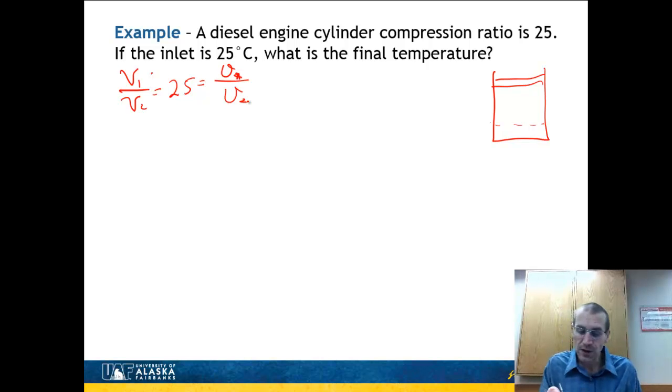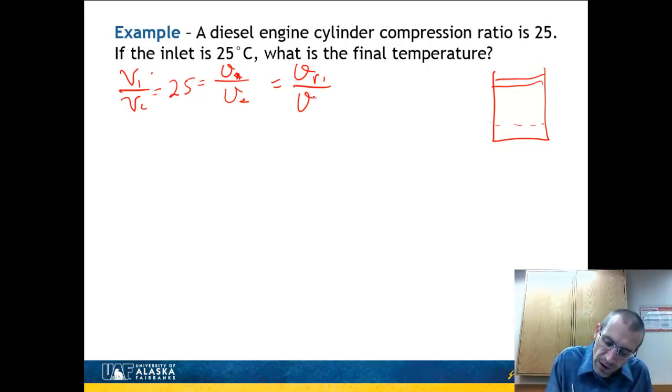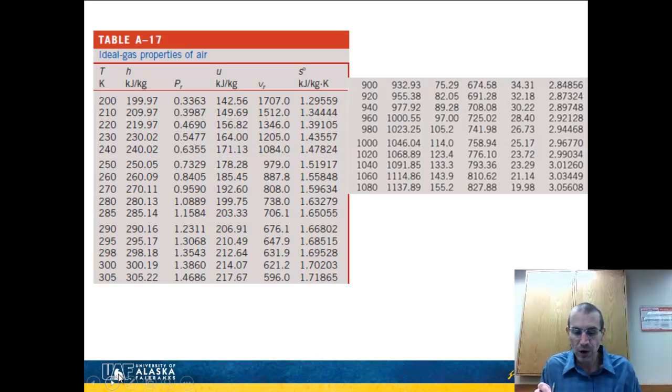I know that's equal to VR1 over VR2, where those are my relative volumes. Where do I get those from? I go to table A17, and in the fifth column over there's V sub R. In fact, there is also P sub R. Those are the relative volume and pressure, all as a function of temperature.